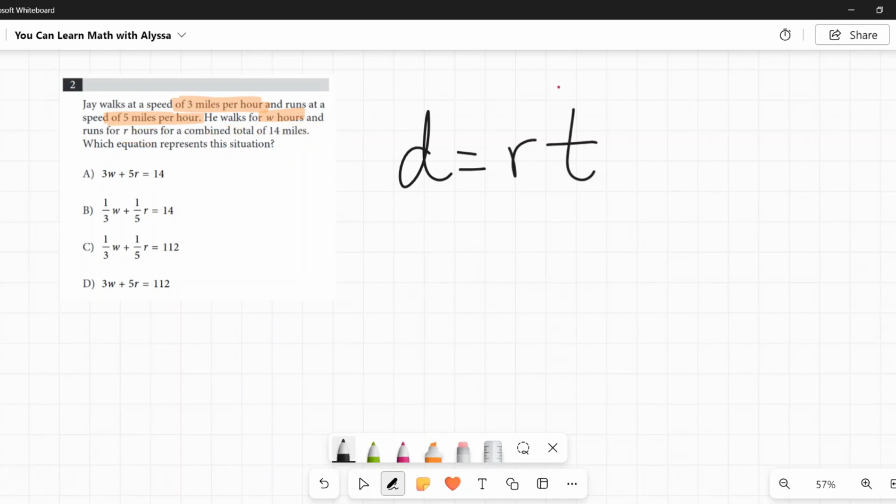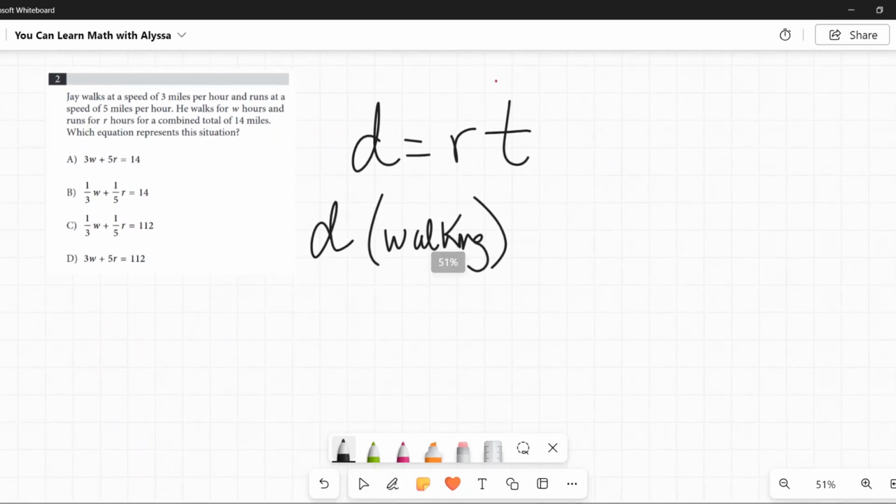So let's start putting this together. I could say the distance of walking. So the distance, and I'm just going to put walking here. This doesn't mean multiply. I'm just setting up my equation.